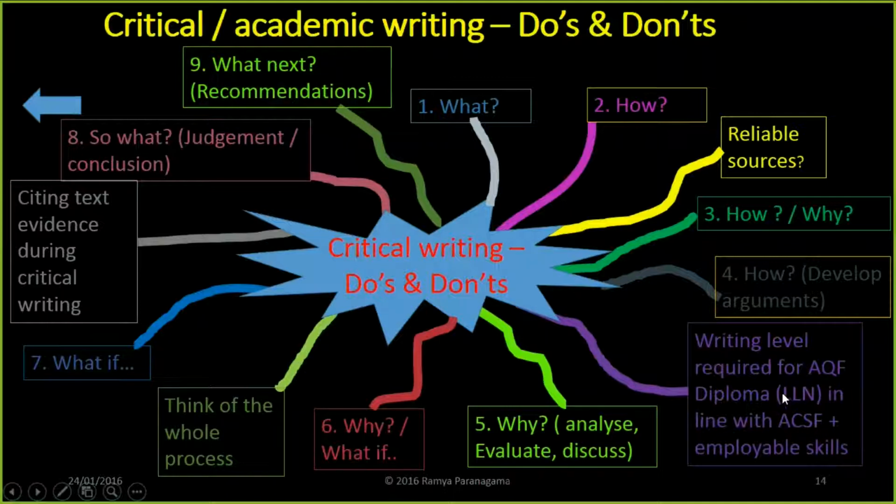And don't forget language, literacy and numeracy skills as well, right? Plus Australian Core Skills Framework skills are also necessary to look at. In the end, you end up with employable skills. What are the employable skills? Your reasoning power, the ability to write, and then you can make decisions. So those are the gains that you have. Okay?